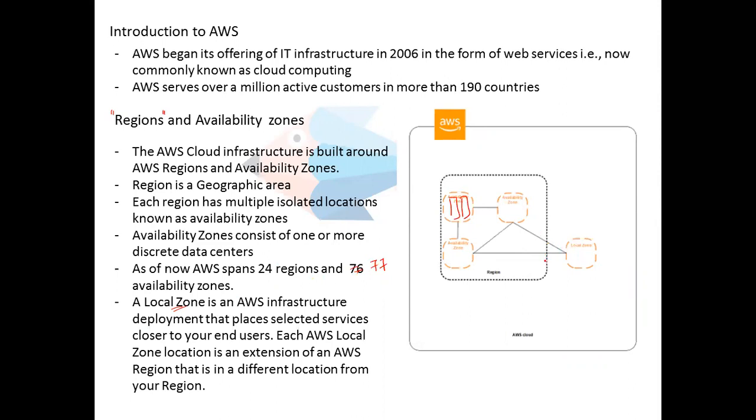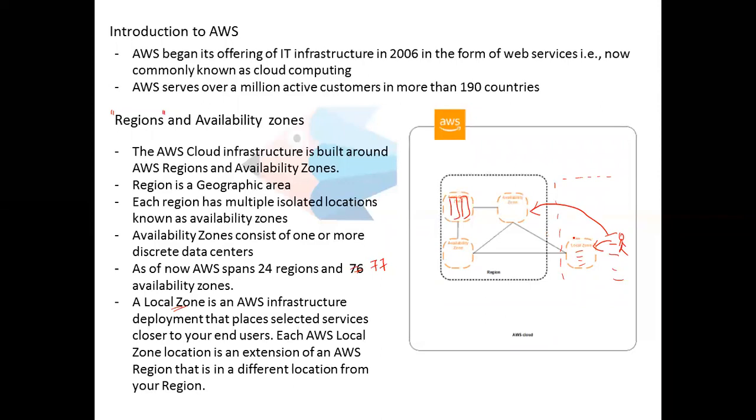For example, if you have some users here and you don't have an AWS region in this space, then AWS would extend its region, and they call it a local zone. In this local zone you'll have selected services which the customers are actually using, so that customers can access the services with low latency instead of going to the nearest availability zone. That's it.